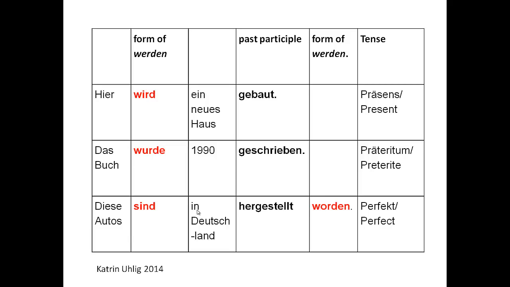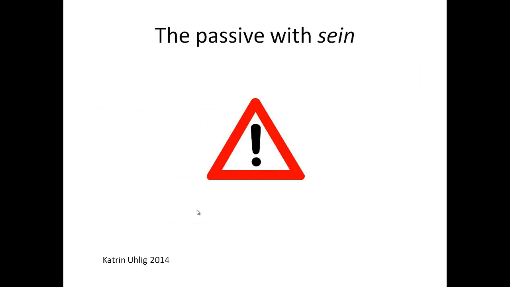Now, some of you might think, well, isn't there a form of the passive in German that uses sein? And if so, why do I need to bother with all these forms of werden? Well, first of all, yes, there is a form of the passive with sein.